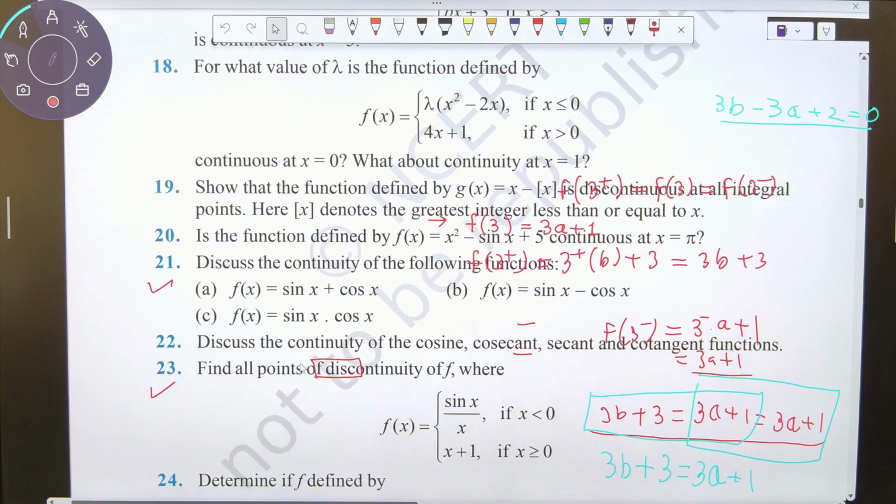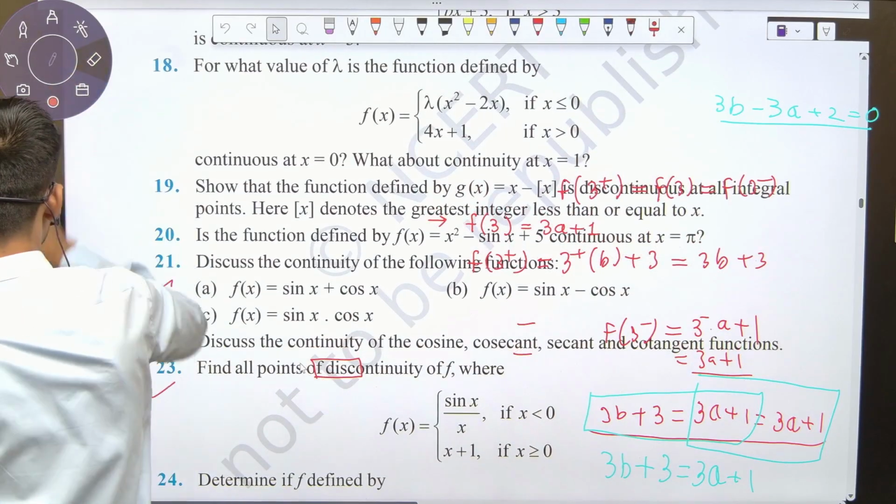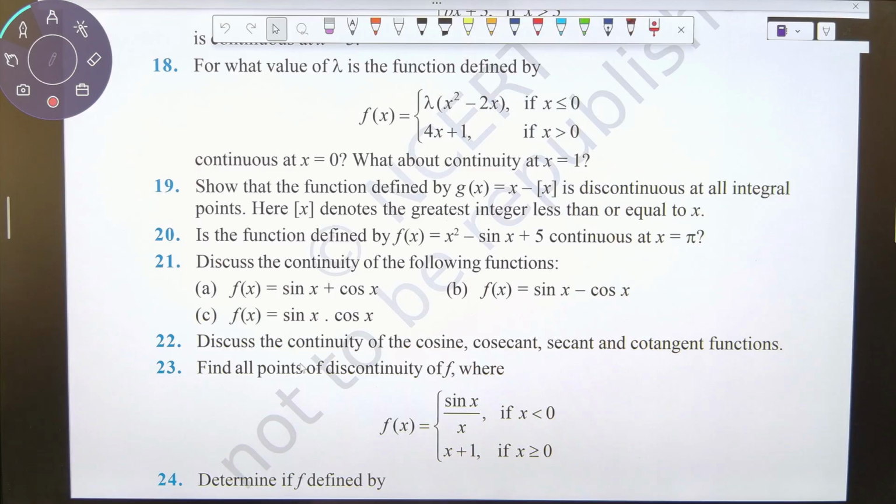Now, 18 number question, who will do? Do the 18 number question, everyone. Then I will move to a JEE question of the same type. For what value of lambda is this function continuous at x equals 0?